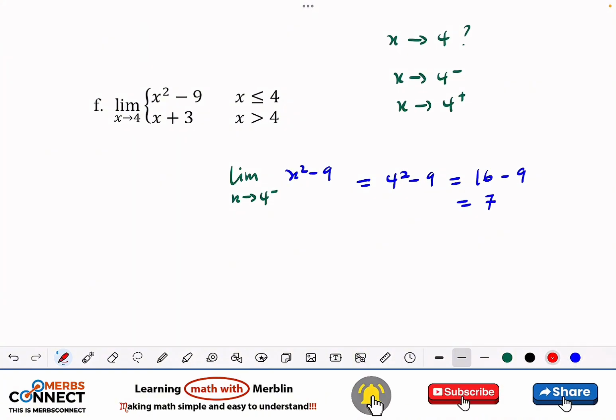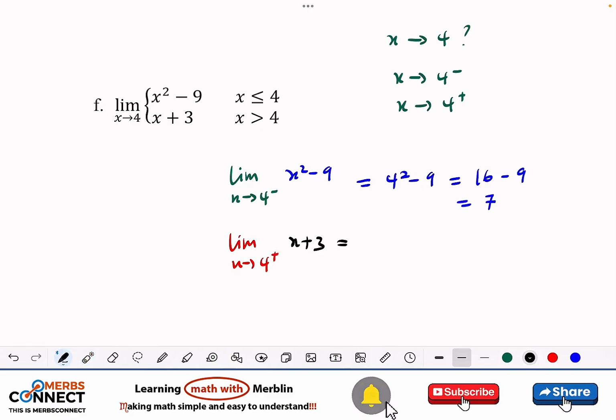Let's look at the right. Limit x is approaching 4 from the right. So it means that if it is positive, all x values should be greater than 4, which is here and that. So we are going to have x plus 3, which is equal to, plug in 4 because this one is just showing us the direction.